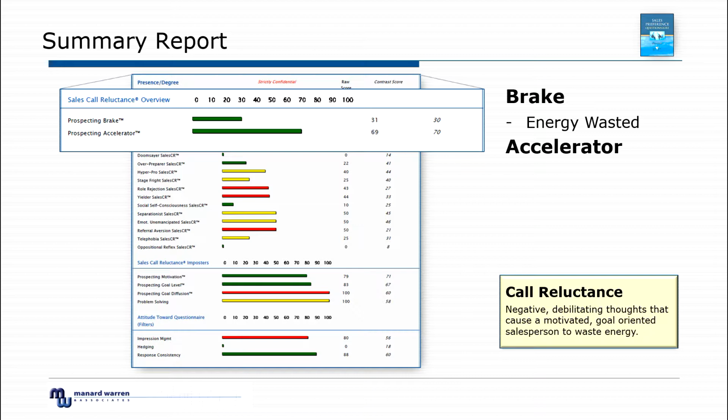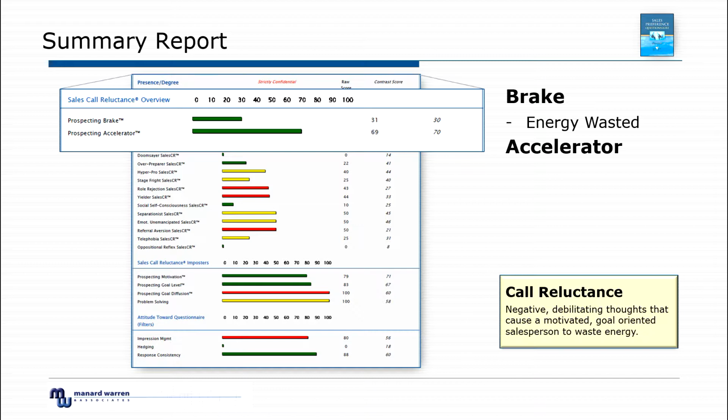It will cause us to make excuses of why right now is not a good time to call that prospective account. So that's what call reluctance typically does: it causes us to be invisible, causes us to make excuses. In essence, it causes us to waste energy. That's what the prospecting break score measures, how much energy this salesperson is wasting due to call reluctance.